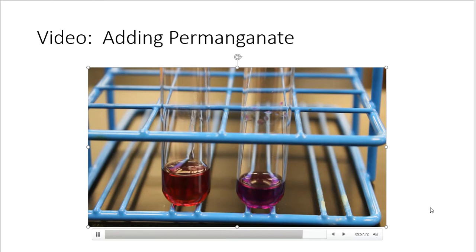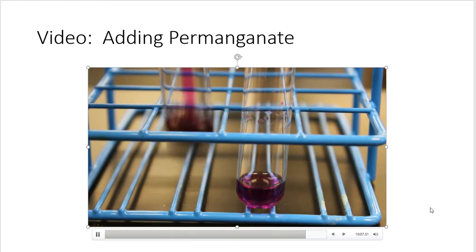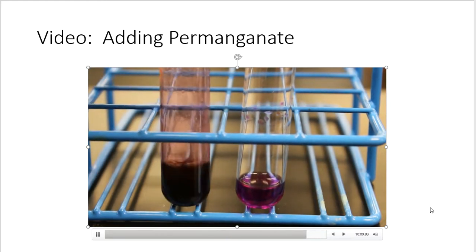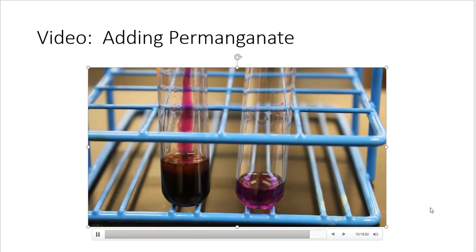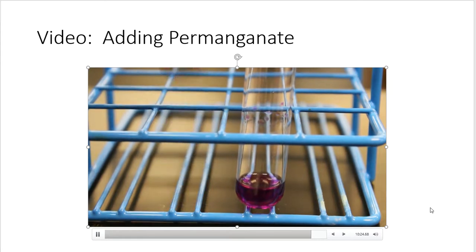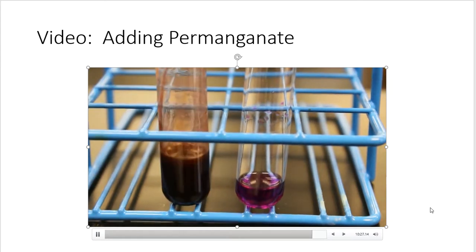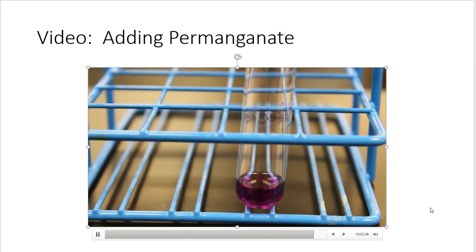All right, so that's a good sign of what it is. 3, 4, 5, 6, 7, 8, 9, 10. Still reddish. 11 through 20. I kind of know what this one's going to do. There you go.